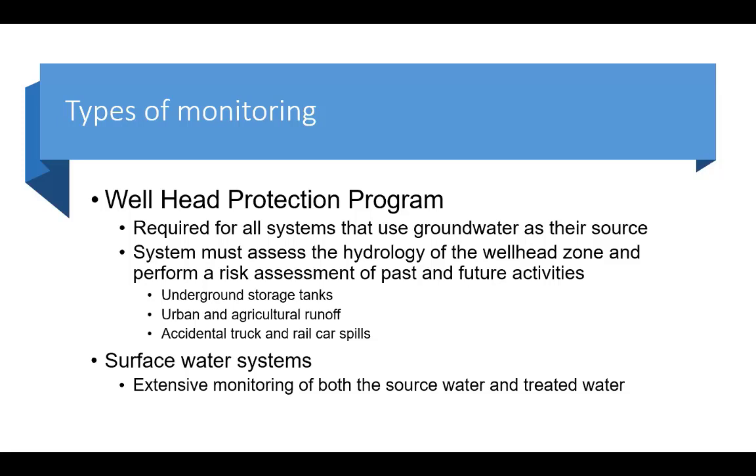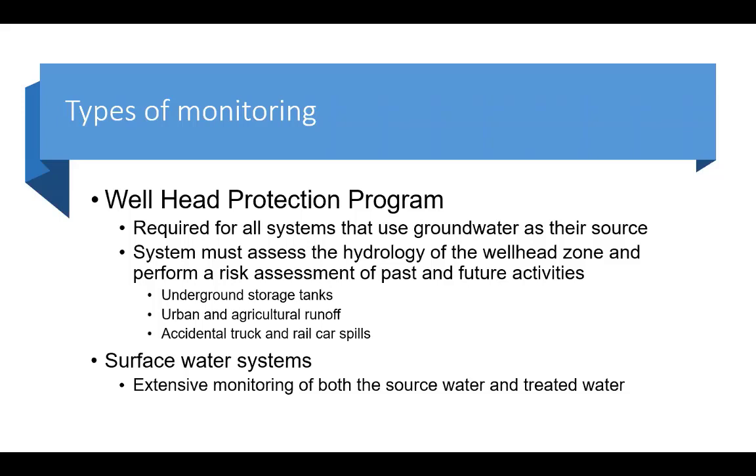So for instance, with MSU, they'd be concerned with the potential impact of agricultural runoff. As there's more development in the area, they'd also be concerned with urban runoff. If there are wells that aren't properly capped, they'd be concerned with the potential of chemicals to infiltrate into the groundwater because of that.